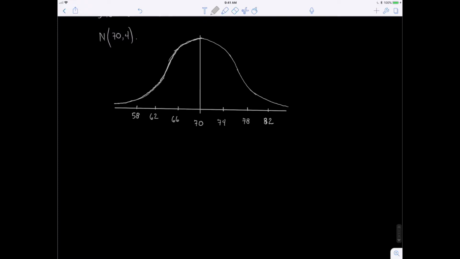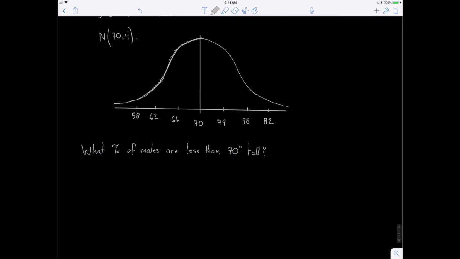Let's use our picture here to tackle a few questions. The first one is: what percent of males are less than 70 inches tall?